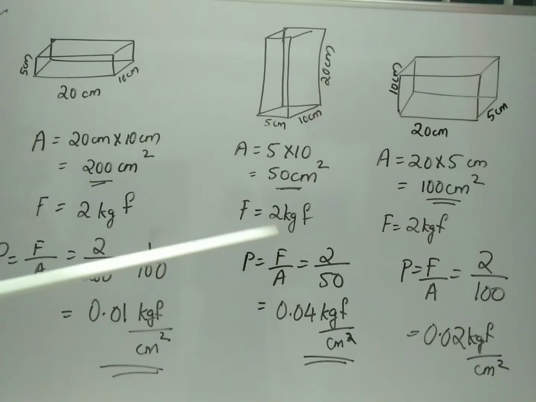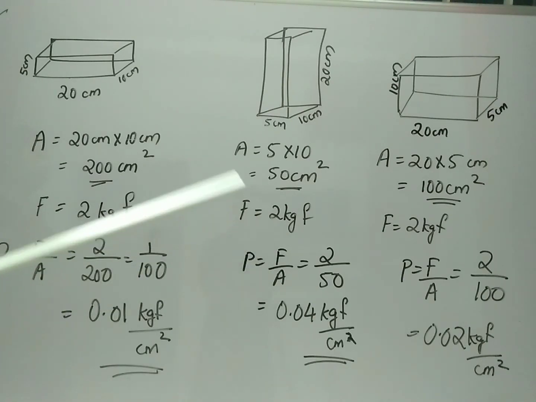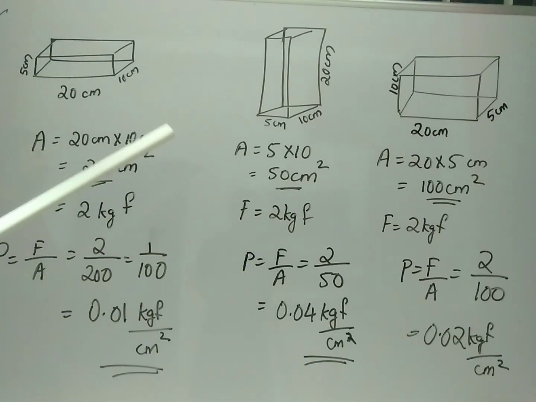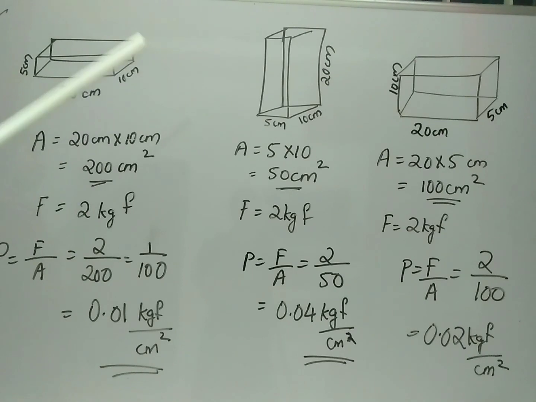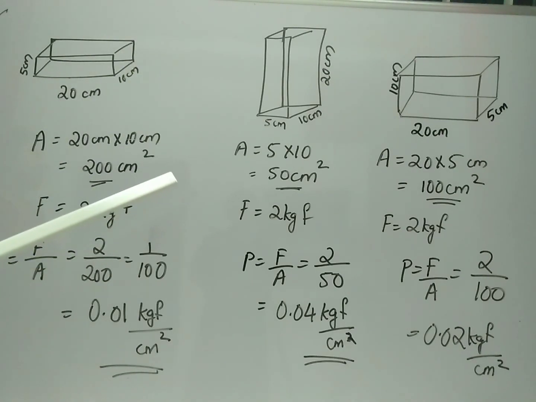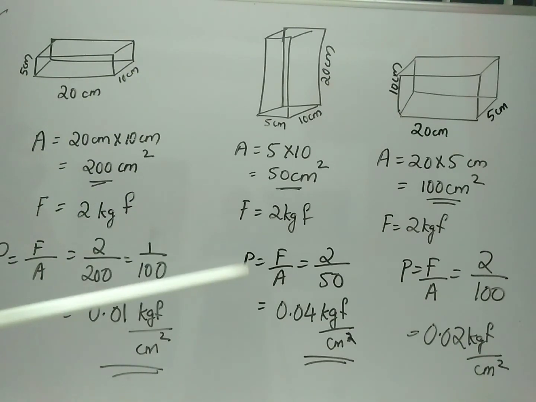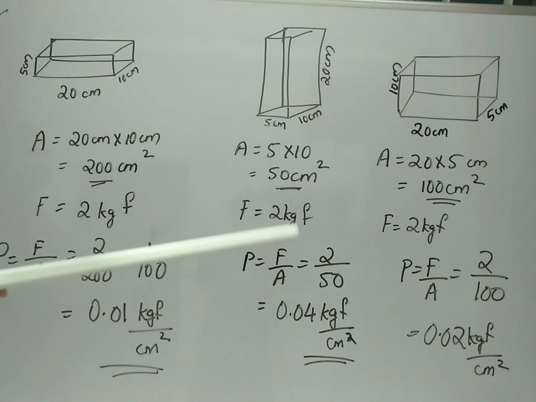F is equal to 2 kgf. We are taking the same brick but keeping it in 3 different positions, so the force is constant. Pressure is equal to force by area, that is 2 by 50. When you divide 2 by 50, we will get the answer 0.04 kilogram force per centimeter square.